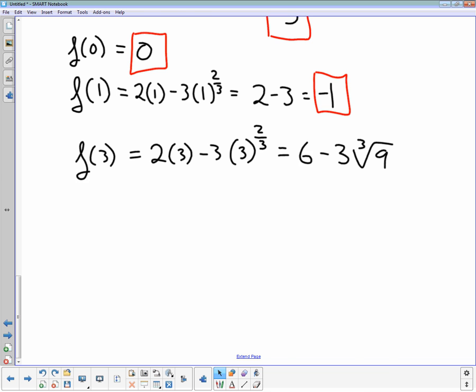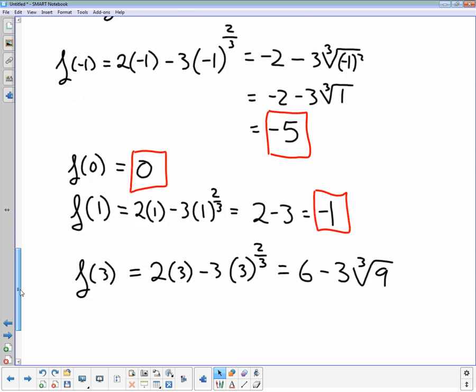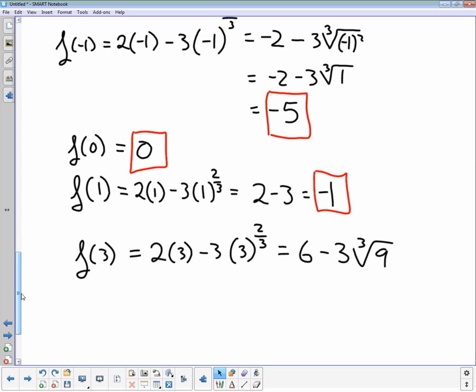All right. So even without a calculator, we can estimate what's going on with this. We don't need a numeric value, because that's an exact value right there. All we really need to know is, is it bigger than 0?